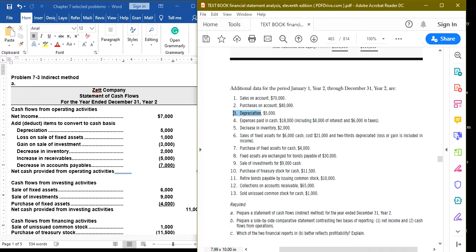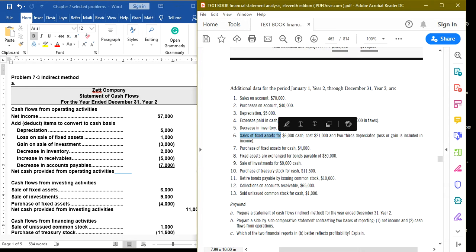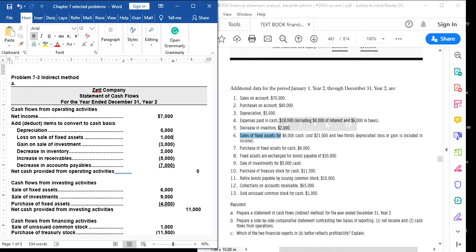Where is the depreciation? Depreciation is given here. Loss on sale of fixed investment. So how did we obtain this $1,000 here? Actually, the sales of fixed assets, it's here. Okay, so how did we obtain it?